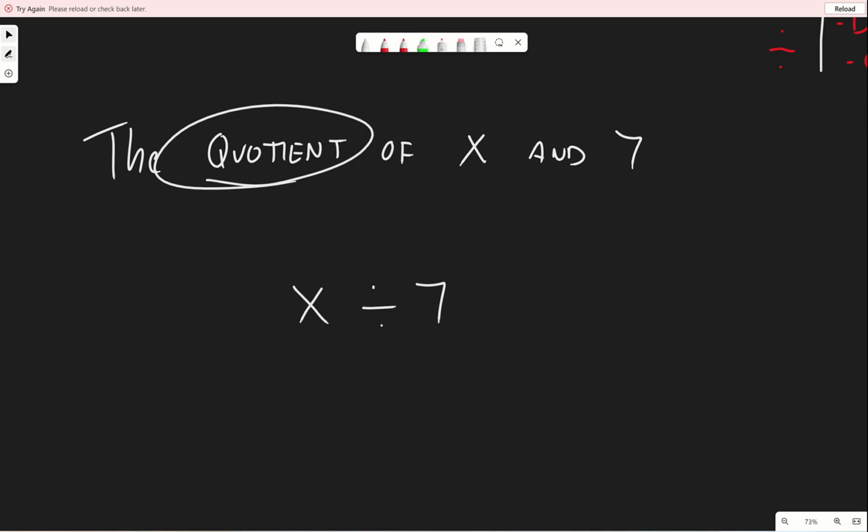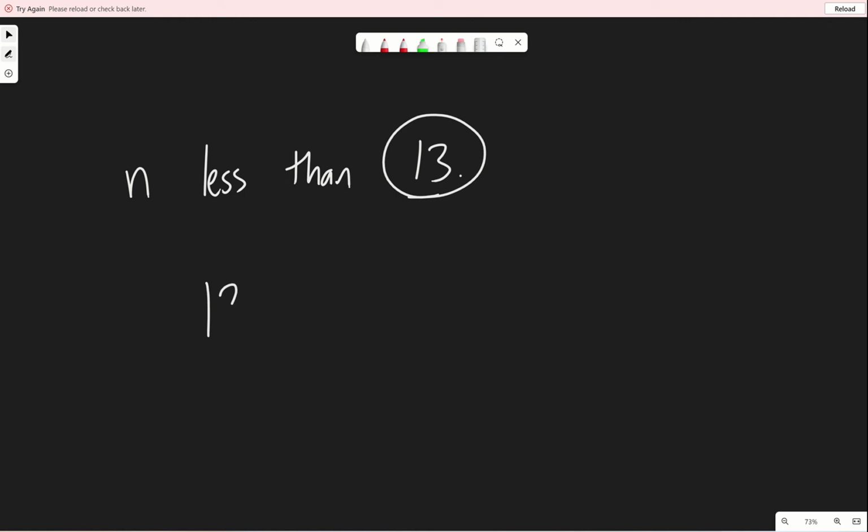X divided by 7 would get me that quotient. Let's say I wanted n less than 13. For this one, I'm going to start with my 13. I want n things less than 13, so it's going to be 13 minus n.